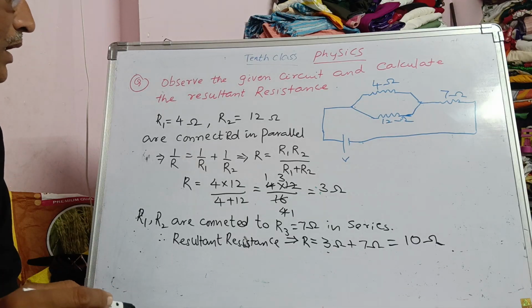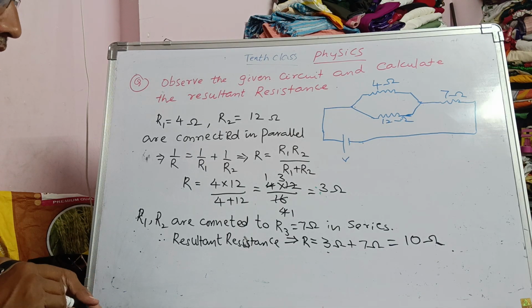This is the total resultant resistance in the circuit.